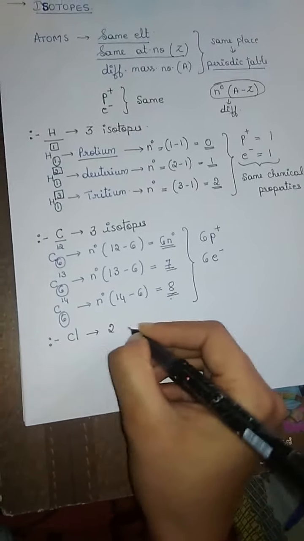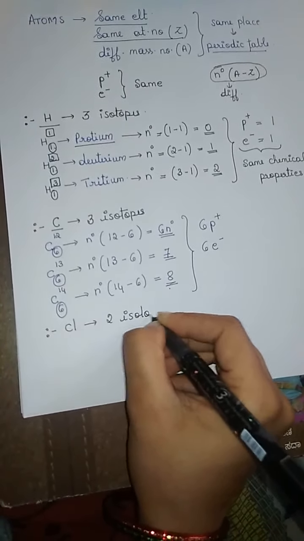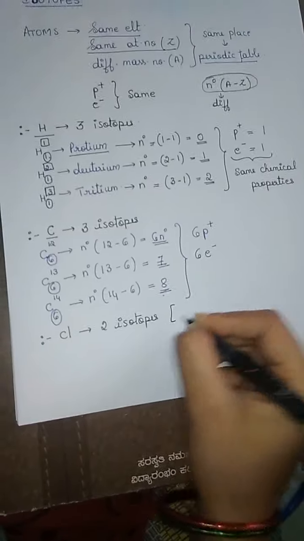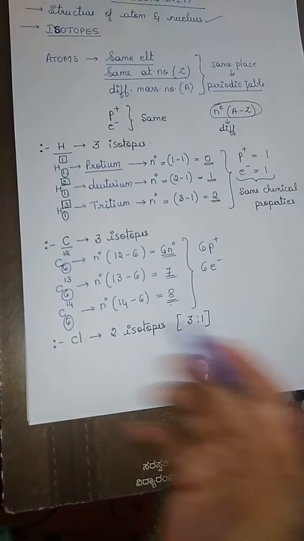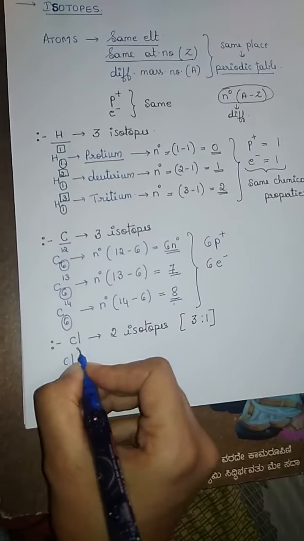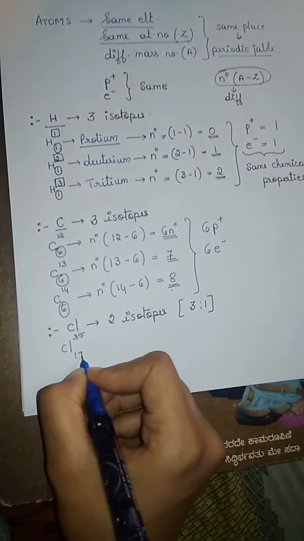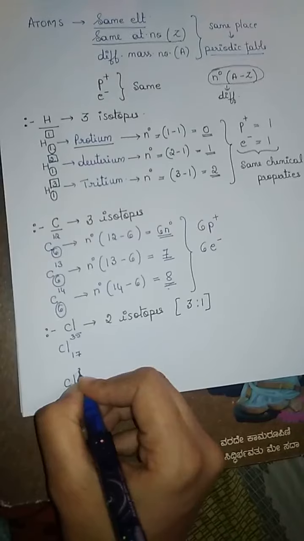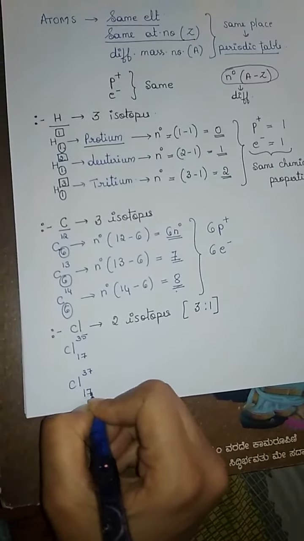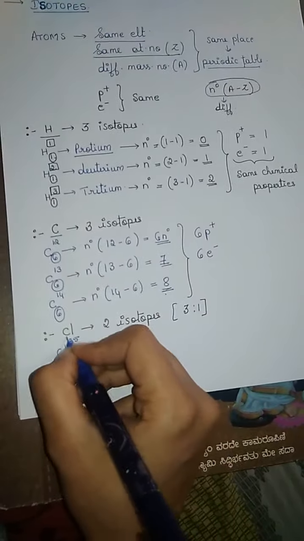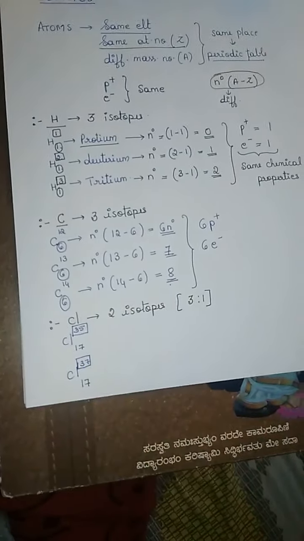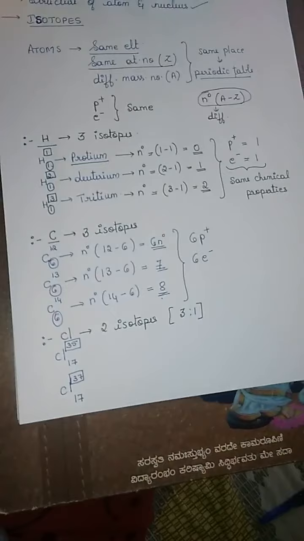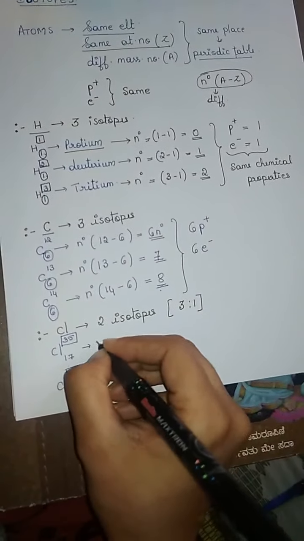Chlorine has only 2 isotopes and they are in the ratio 3:1. The first isotope is Cl3517 and Cl3717. Here you can see the mass number of the first one is 35 and the second one is 37. So what about the number of neutrons?